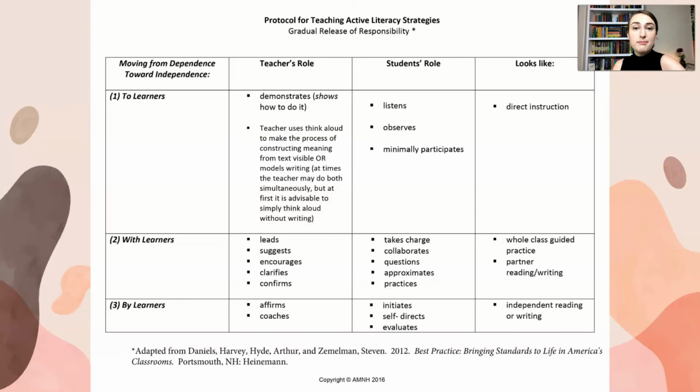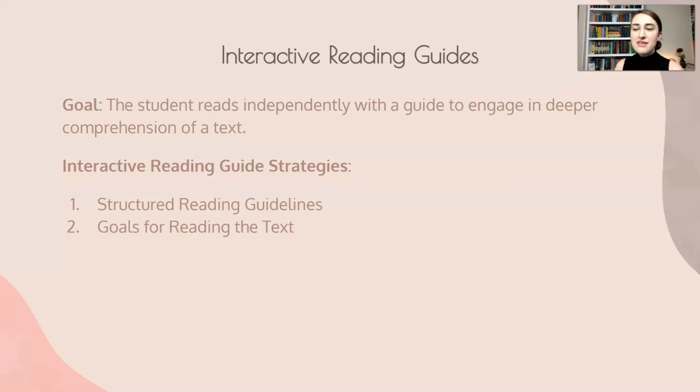So maybe we want to model how thinking looks, then prompt them to think about a certain thing, and then push them towards independence with an open-ended question where you're seeing if they were internalizing all of the stuff that you were modeling and telling them to think about. And then the final thing is interactive reading guides.